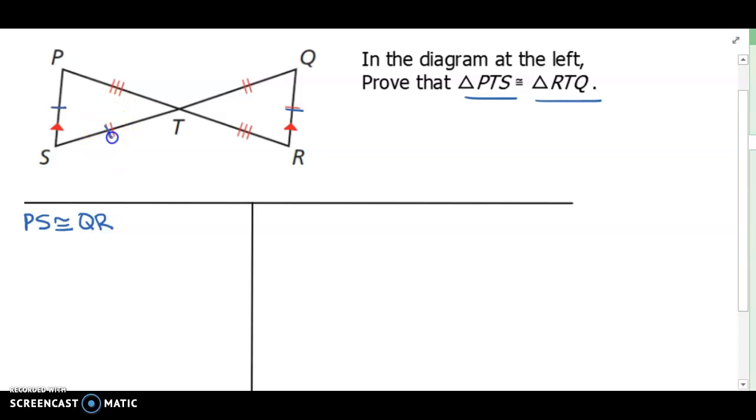And then I could also say that ST is congruent to QT. And I can also say that PT is congruent to TR. And all of those are given.